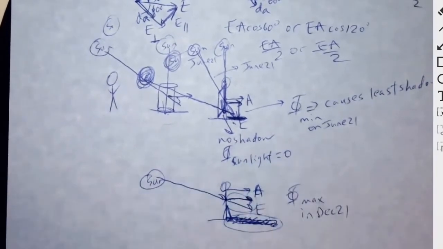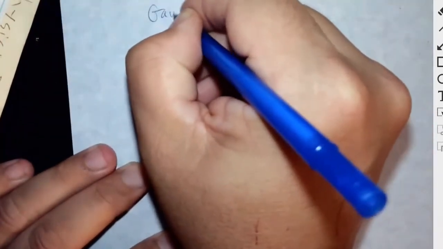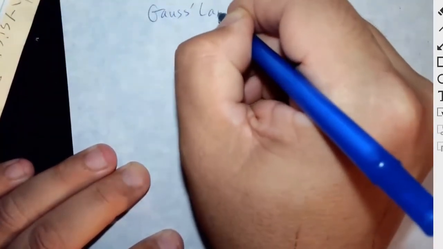Okay, so where does Gauss's law come in? Gauss's law has to do with the flux through a closed surface, so not open surfaces.